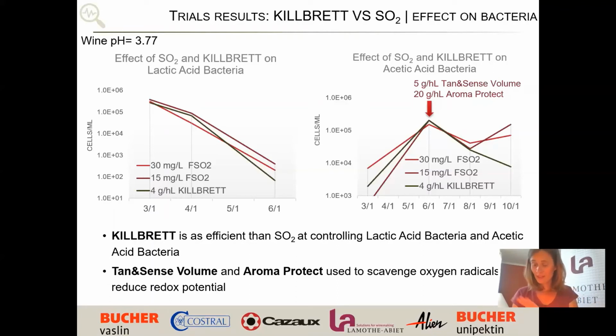Then a good strategy, it's completely different, but a good strategy is to really control your dissolved oxygen, and using untoasted oak tannins and Aroma Protect, playing with redox potential, will help you reduce your microbial population.